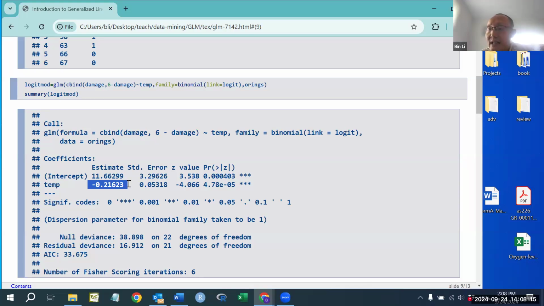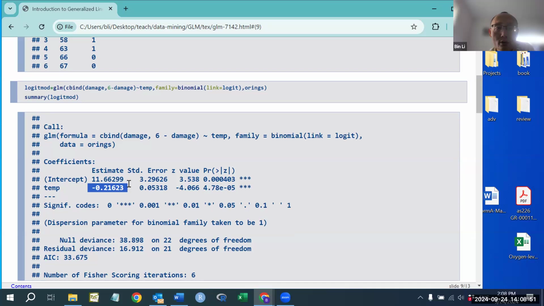When the coefficient is negative for the temperature, that means when the temperature becomes higher and higher, the probability of having a damaged O-ring will be lower because the slope is negative. In other words, when the temperature is lower, the probability of having a damaged O-ring will be higher. Is that right?